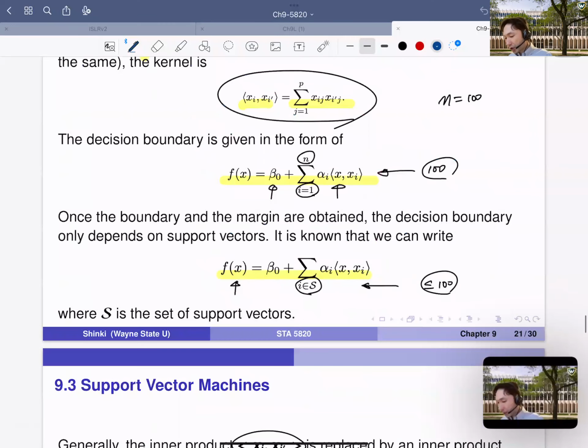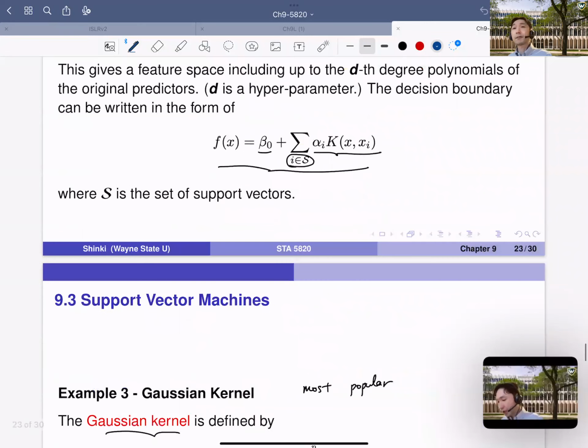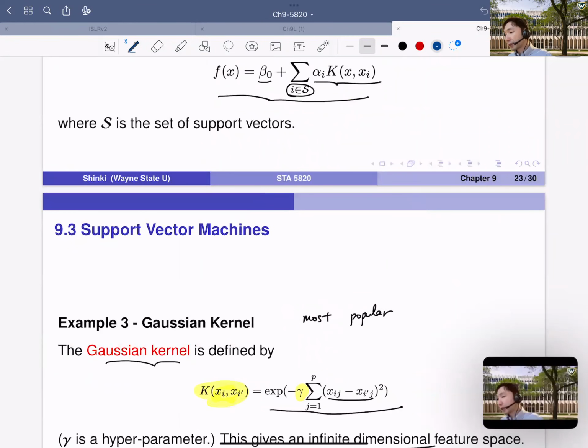So the support vector machine is a large margin classifier. The idea is that we map the original predictors into a higher dimensional space. In the higher dimensional space, it's easier to separate the cases. Ideally, we can perfectly separate the 2 groups, the label with 1 and the label with -1.